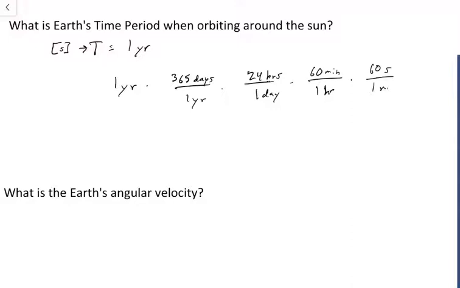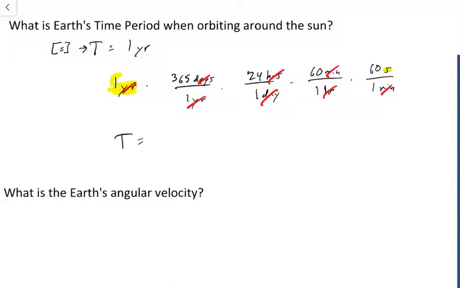Now, this is a form of what's called dimensional analysis. We set ourselves up with our given, which is 1 year, and we start multiplying it by conversions so that we can start canceling out the units, days to days, hours cancel out, minutes cancel out, and then we're left off with seconds.